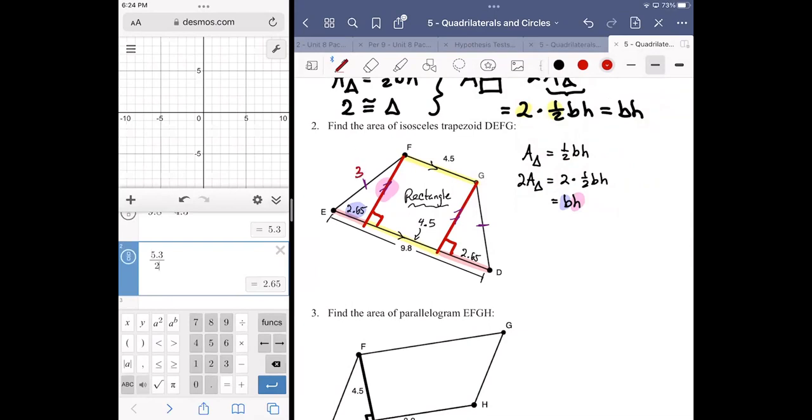So this is the typo that should be there. All right. So if this is a 3, we have the ability to figure out what that height is, that pink highlight. So a squared plus b squared is equal to c squared. I'm working off just this triangle here.